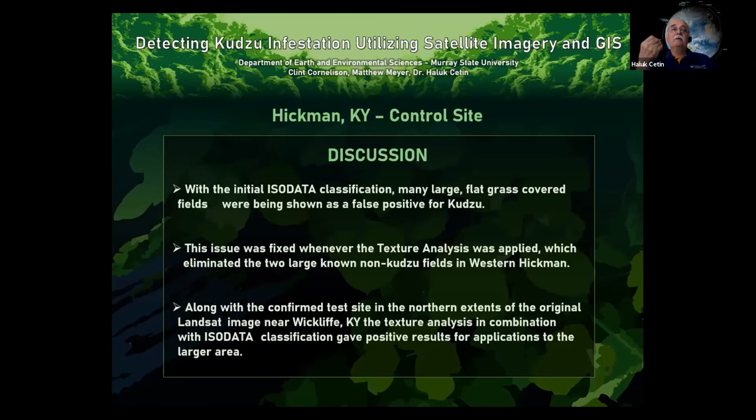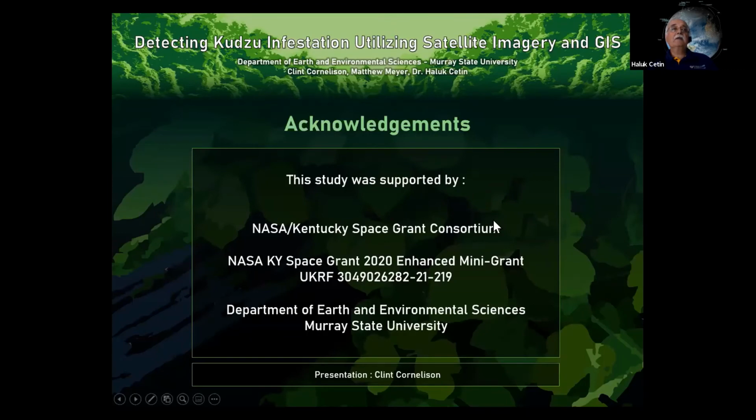Another graduate student of mine is working on those issues, to find out if there are any correlations between Kudzu infestation and changes like land use and land cover change.